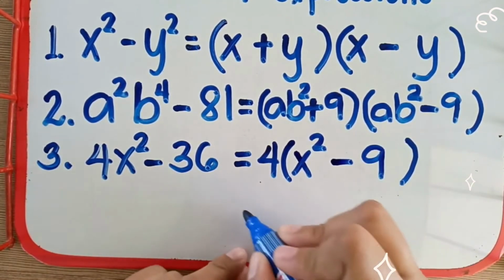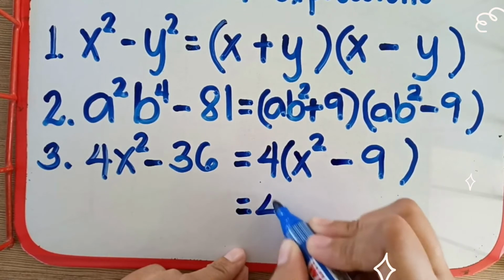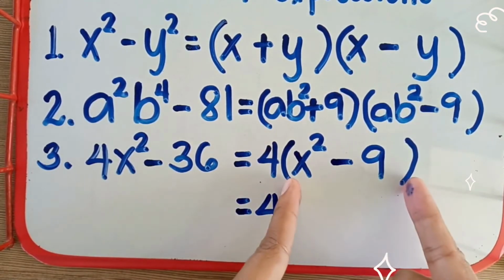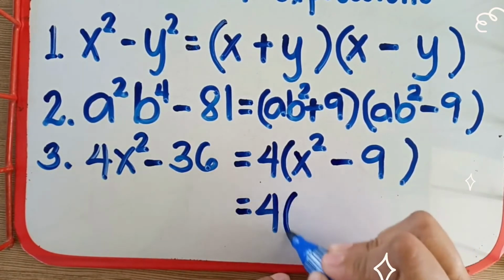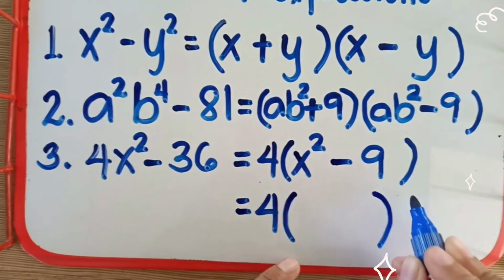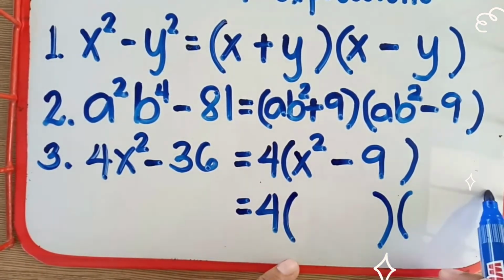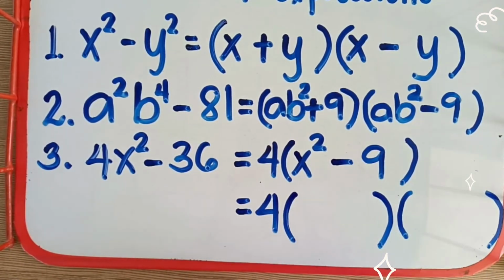Next, we just copy 4. And as you can see, x squared minus 9 is a difference of 2 squares, so we can also express that as the product of 2 binomials.